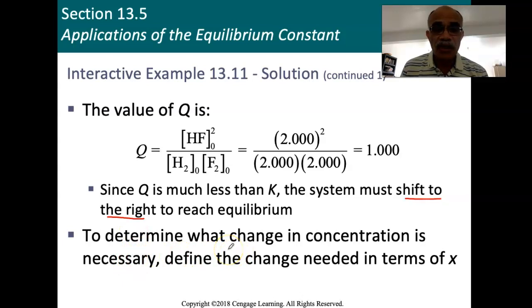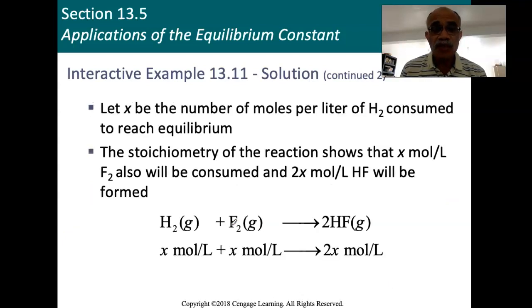So to determine the change in the concentration necessary, we define the change needed in terms of X. So watch this X term here. We note the direction and we will follow that. So here, the stoichiometry of the reaction shows that X mole per liter of F2 will be consumed and 2X mole of HF will be formed.